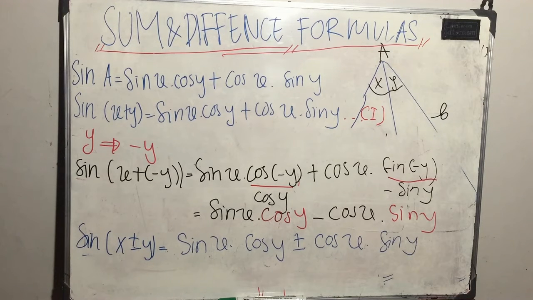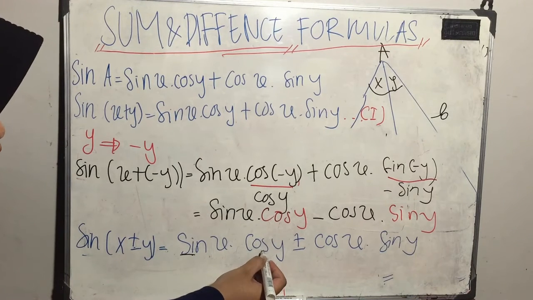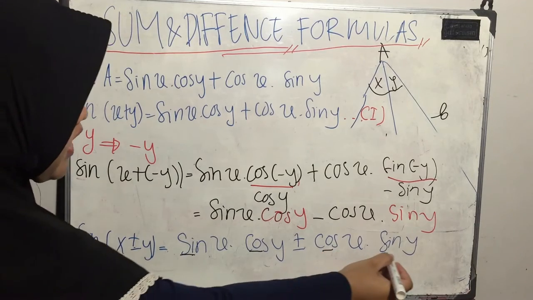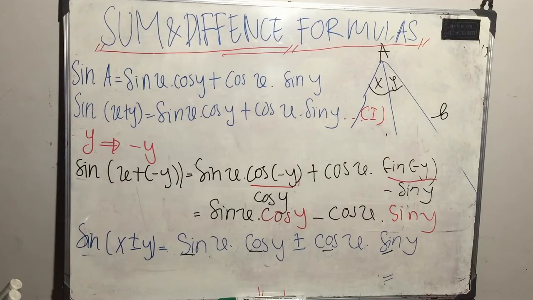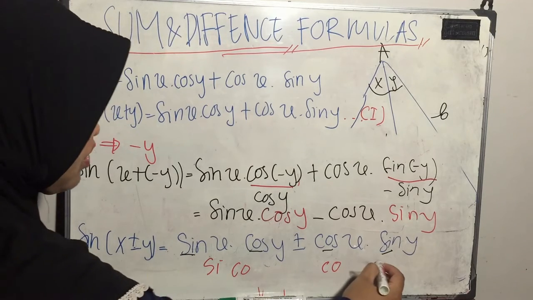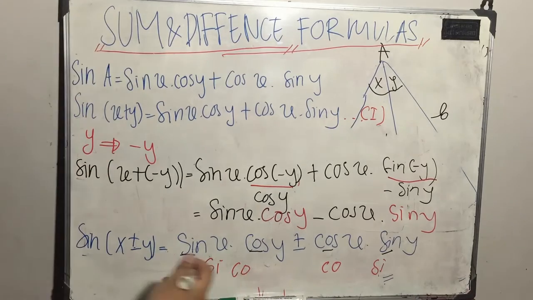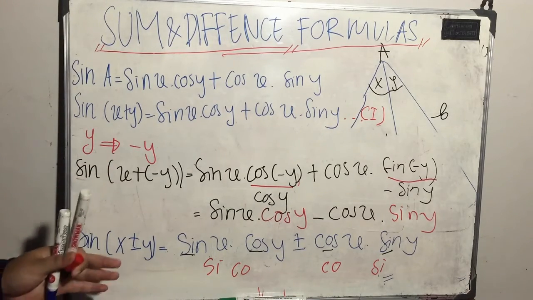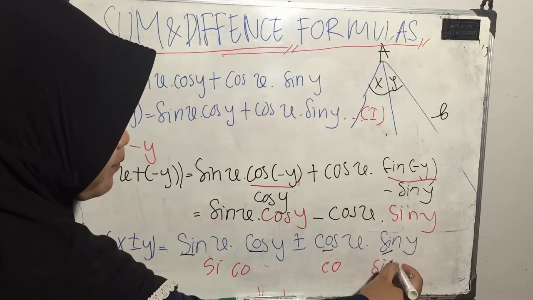We can take the letter in front of sinus and the letter of cosine. So from here we take Si, from here we take Co, and then Si. If you want another nickname it's okay, but for me I try to remember using Si Co Si. Si Co Si is like in the middle, like nowhere the name, but I put this.